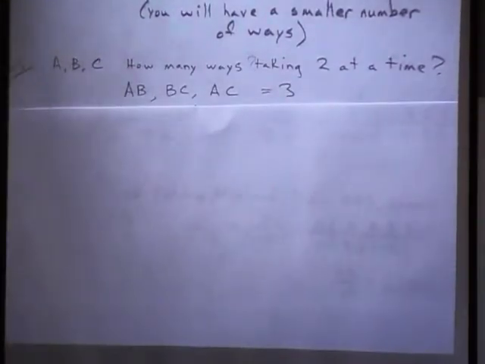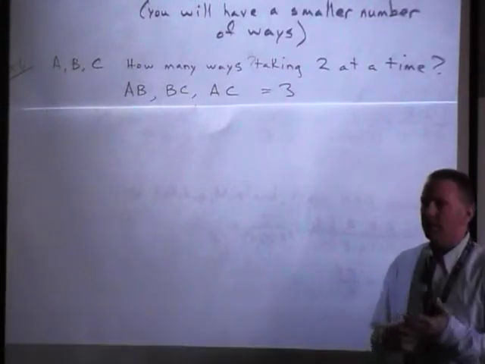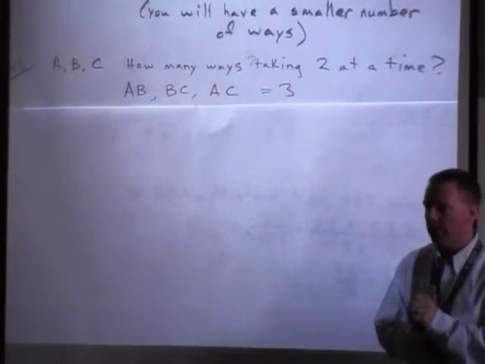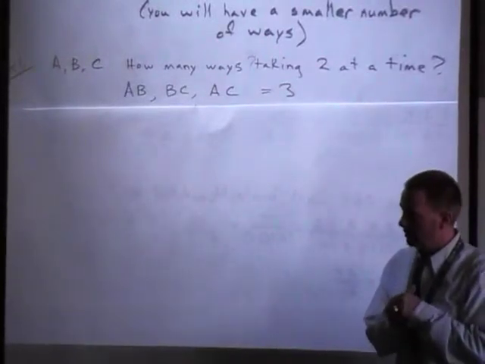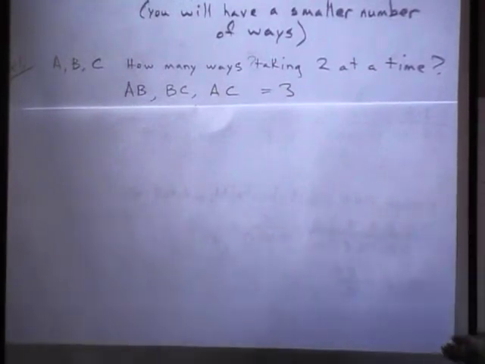Those are the 3 possibilities: AB, BC, and AC. Can you think of another possibility? That's all there are. When we get to bigger things, we're not going to write them all out, but there are 3 possibilities.